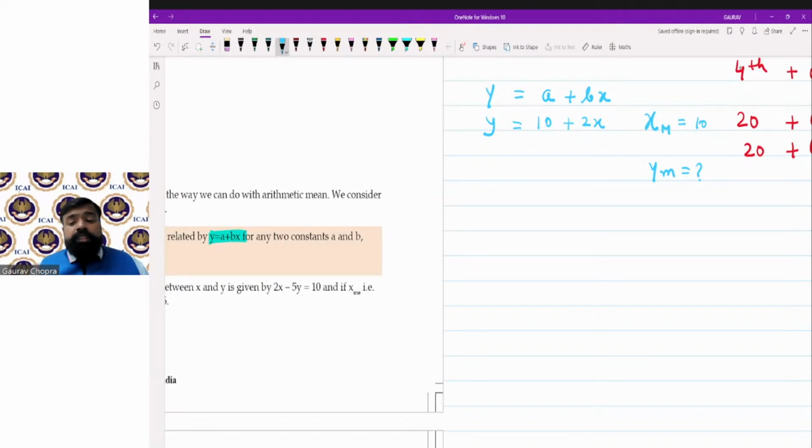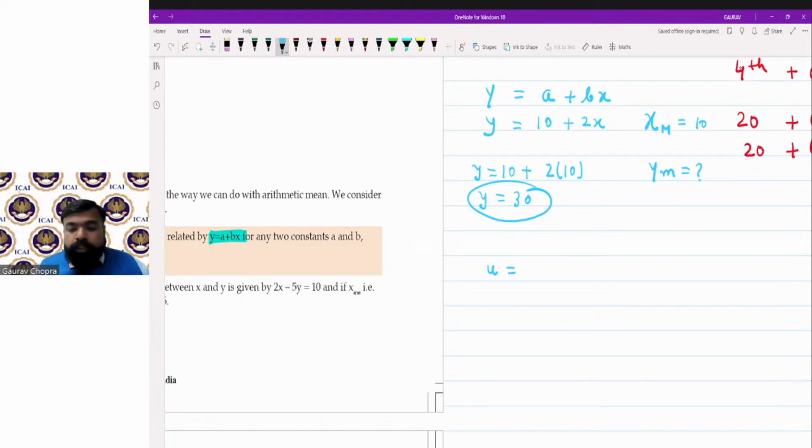In such cases, substitute the value of x. So y equal to 10 plus 2 into 10. In place of x, we are putting the median of x. So y is equal to 30. This is the median of y.